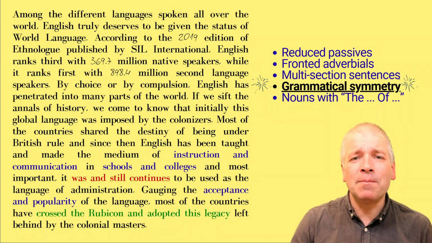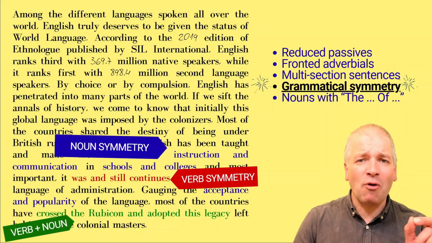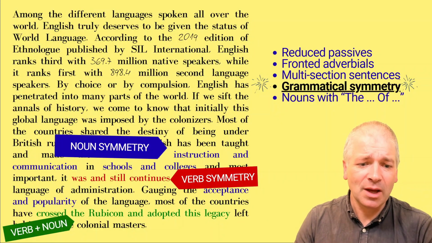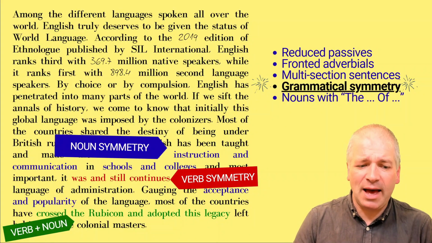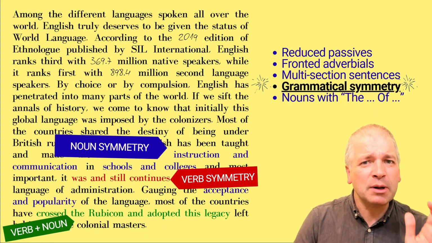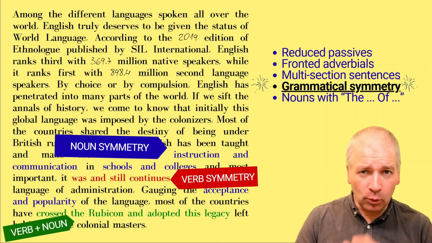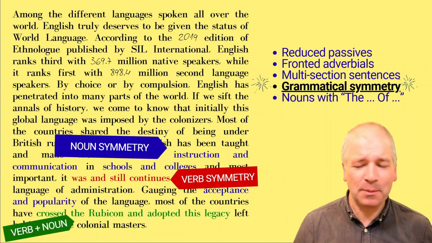So what do we mean by symmetry here? Well, it's to do with having the same grammatical items either side of a conjunctive. Instruction and communication, schools and colleges, acceptance and popularity. We have noun symmetry. We have noun and noun. Noun, coordinating conjunction, noun. With the red part, we have verb symmetry.